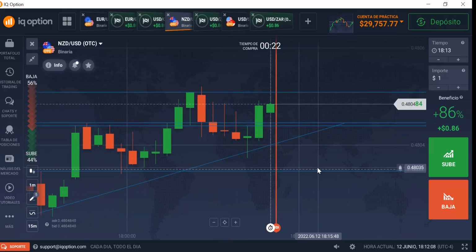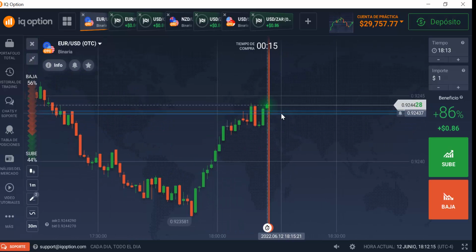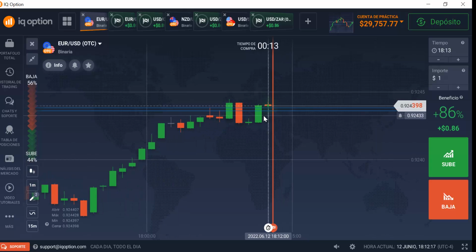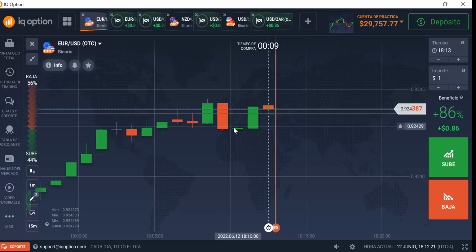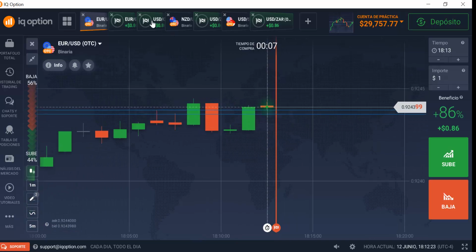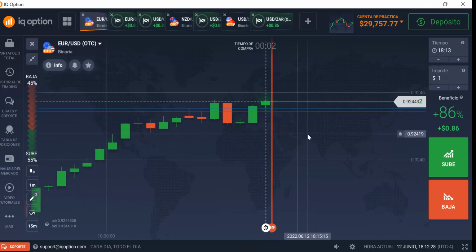Okay, let's see what we have here. It broke the level, it came down, so this is confirmed that this is going up. The market is gonna go up from that area, but I need to wait.